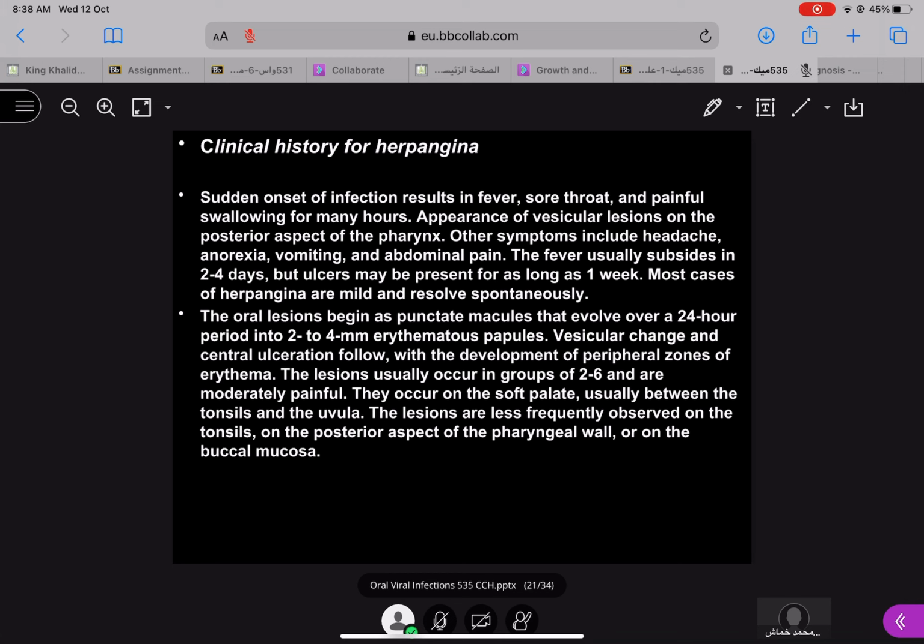They occur on the soft palate, usually between the tonsil and the uvula. The lesions are less frequently observed on the tonsil, on the posterior aspect of the pharyngeal wall, or in the buccal mucosa.